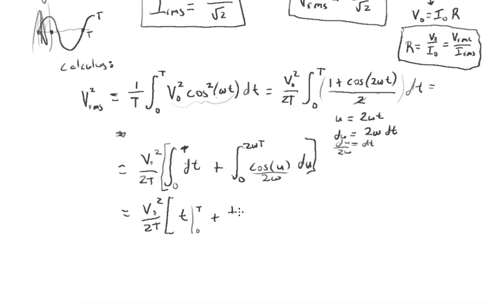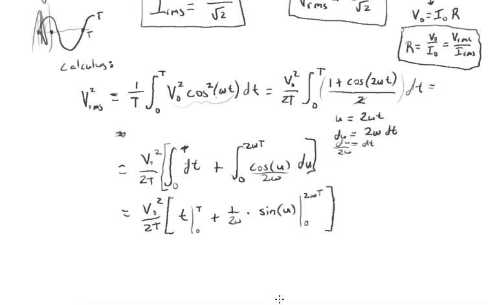We're going to have our 1 over 2 omega here, a little constant in front of that one, times the integral of cosine, which is just sine. Real easy to do, sine of u, because the derivative of sine is cosine, and so the integral of cosine is sine, evaluated from 0 to 2 omega t.